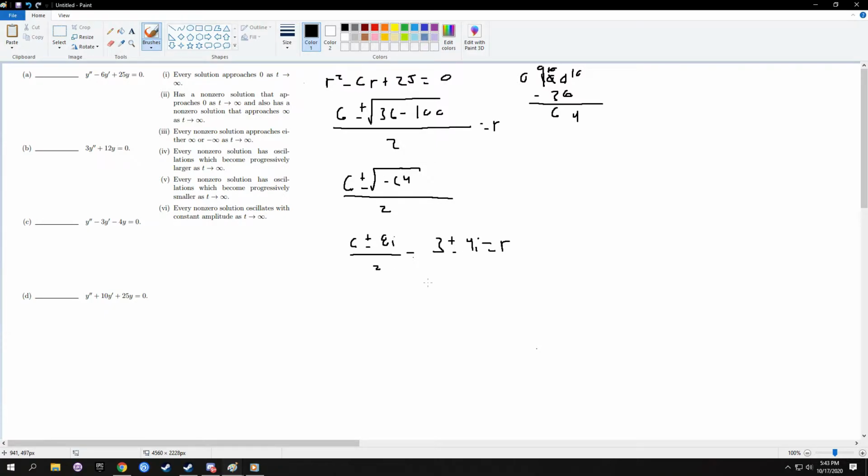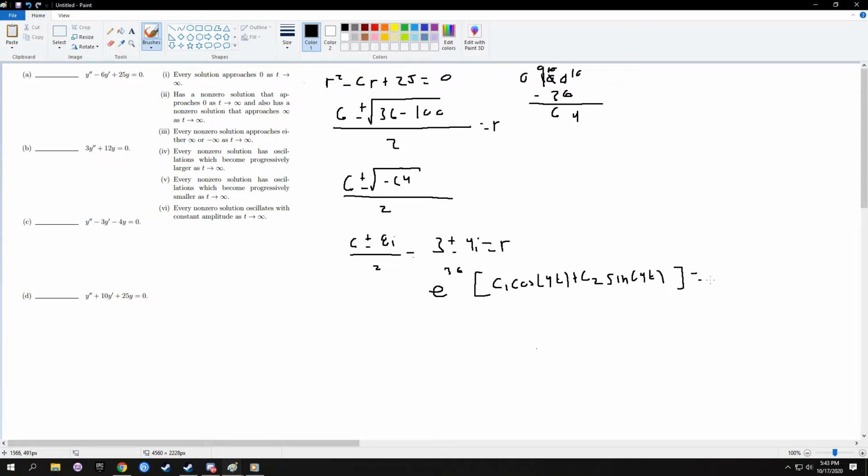We know from the derivations from Euler's equation that this becomes e to the 3t times c1 cosine of 4t plus c2 sine of 4t. And this is your general equation.